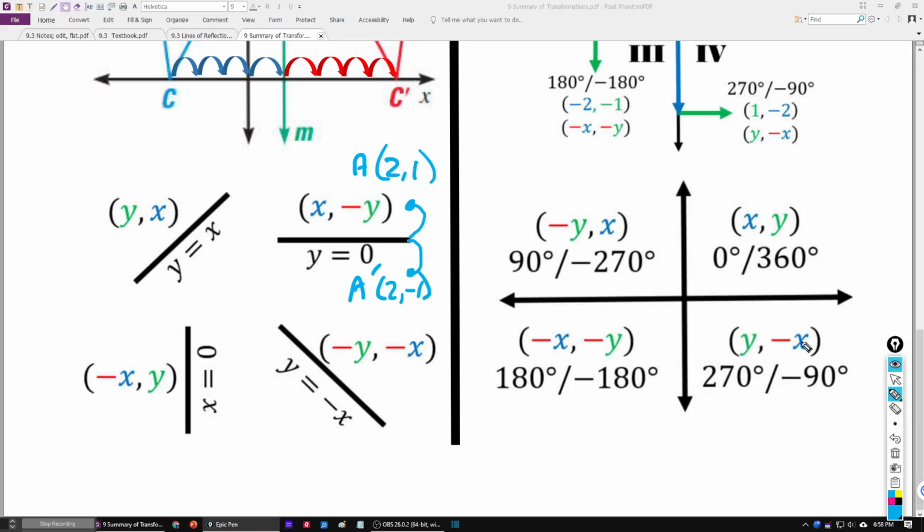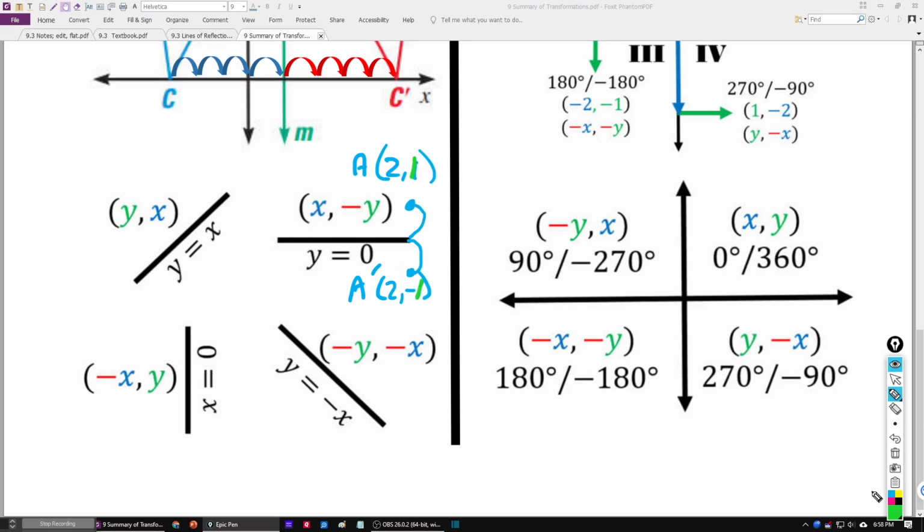So notice what I've done in changing. When I reflect over the x-axis, or you could also say y equals 0, I am not changing the x-coordinate, and all that I'm doing to the y-coordinate is changing the sign, going from positive to negative.